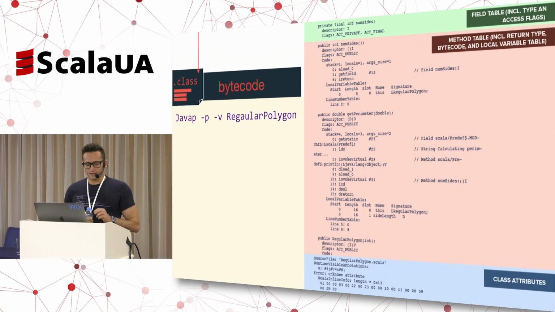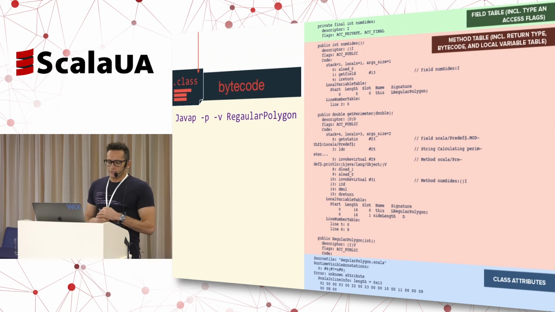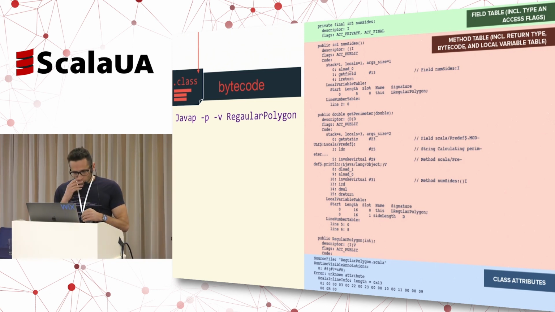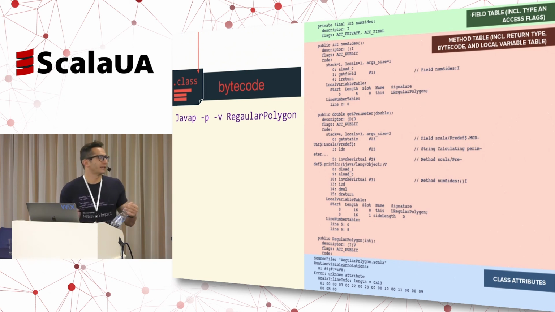These are references to constant pool entries that describe the field's name and type, as well as access control flags and other relevant data. In a similar way, we have another section called the method table, which also contains name and type. However, it also contains, for non-abstract methods, the actual bytecode that should be executed in order to achieve the runtime behavior of these methods.